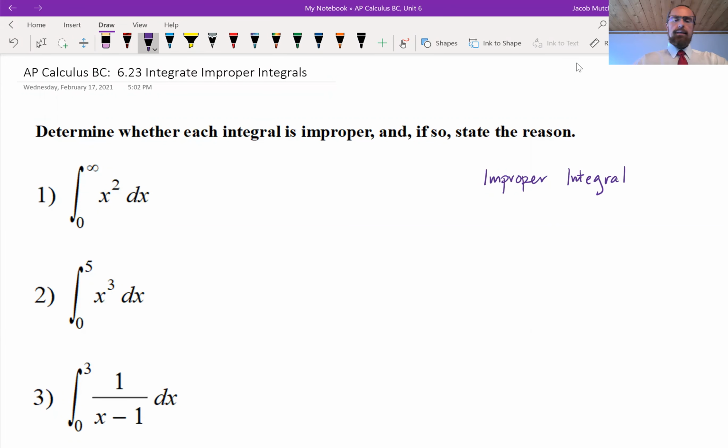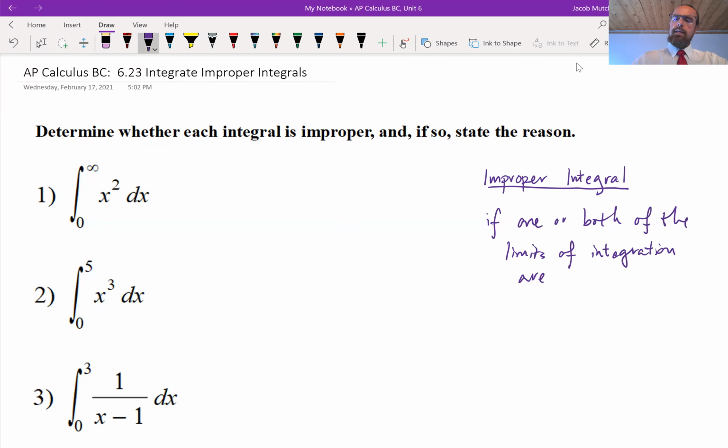So we would say an integral is improper if one or both of the limits of integration are infinite. So that tells us in one view what would make an improper integral.